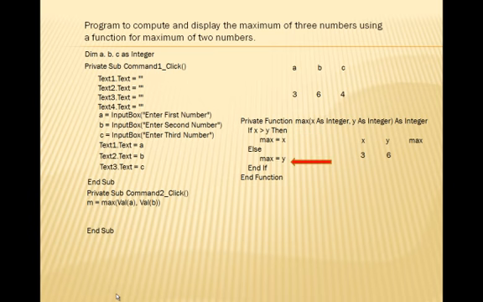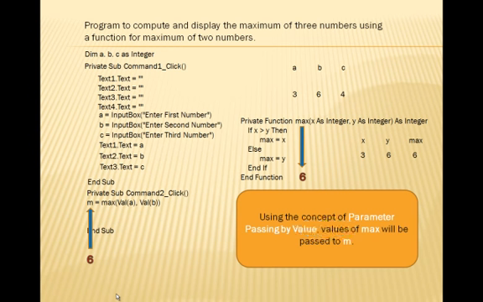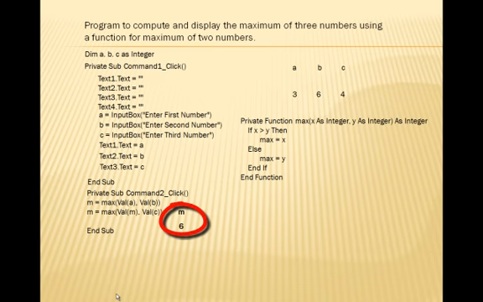Then it will perform the else statement, max equal to y, therefore max will become 6. Using parameter passing by value, the value of max will be passed to m. Then m will become 6.